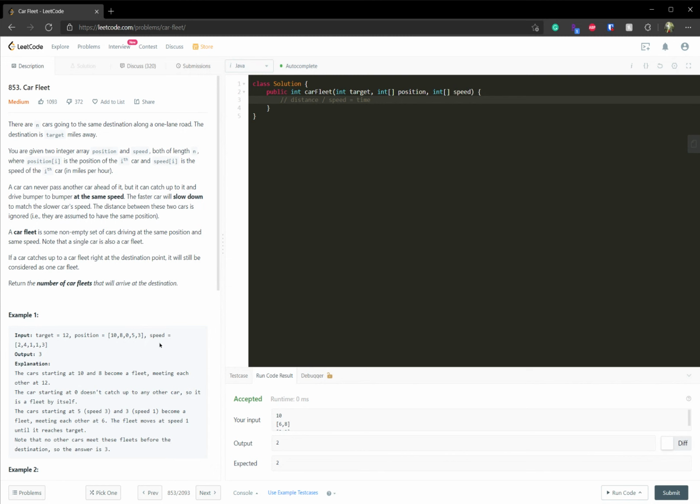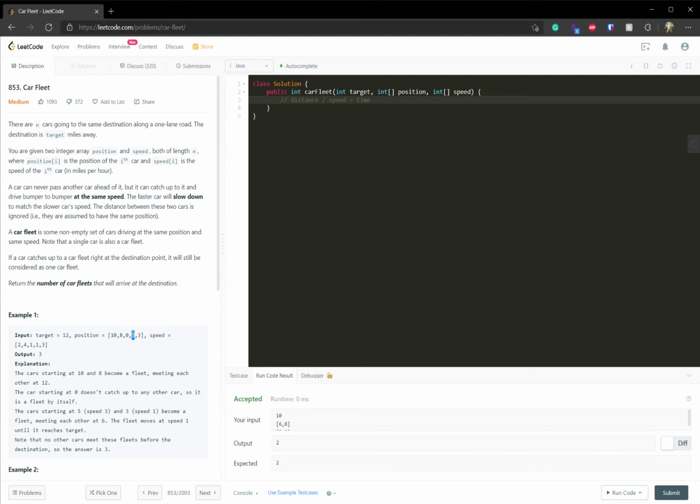Car 3 is actually further away than car 5, but its speed is faster.